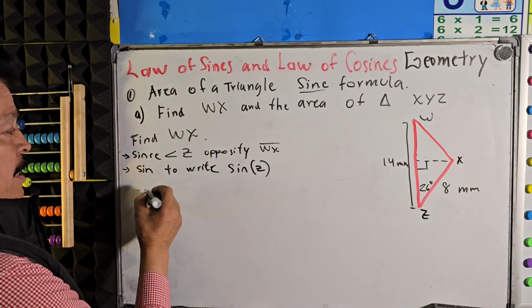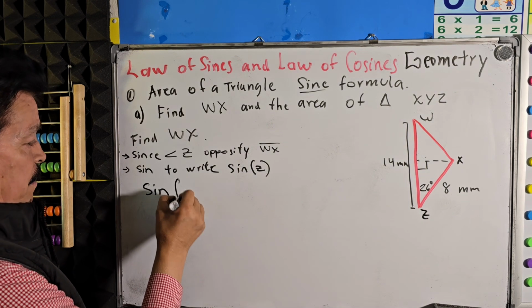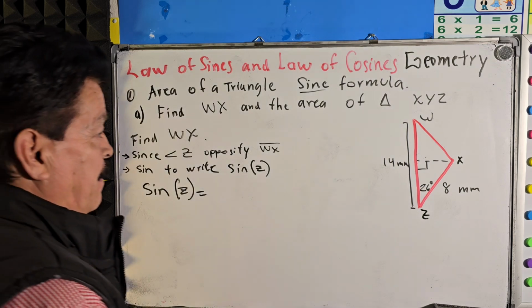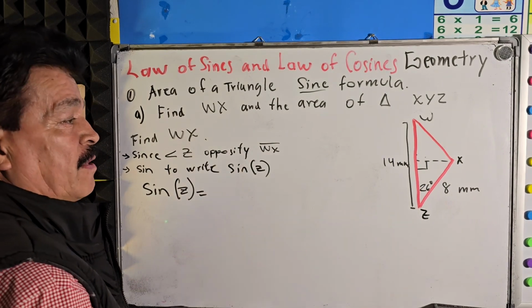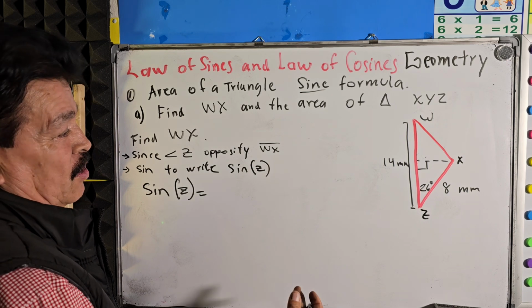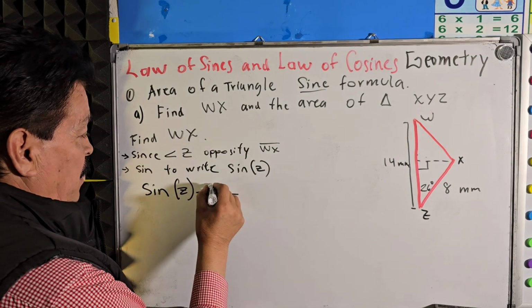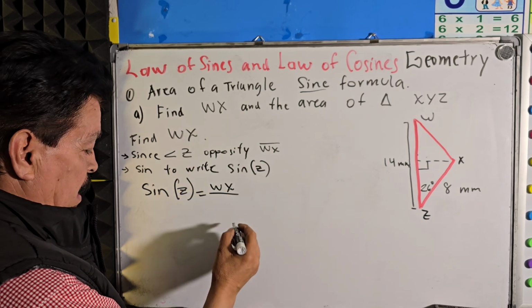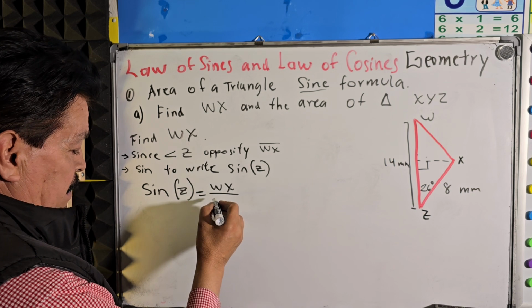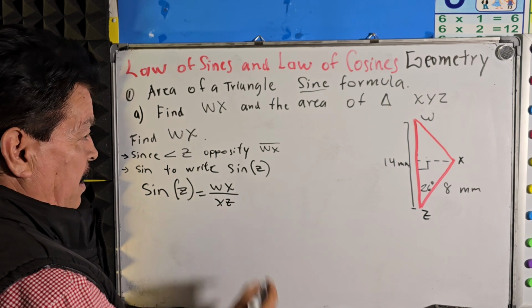So here's the sine of Z, and then let's see what happens. It equals the sine. What is the formula for the sine? Opposite divided by the hypotenuse. In this case, we will have WX divided by XZ.